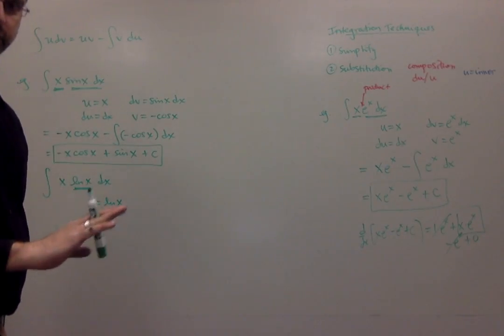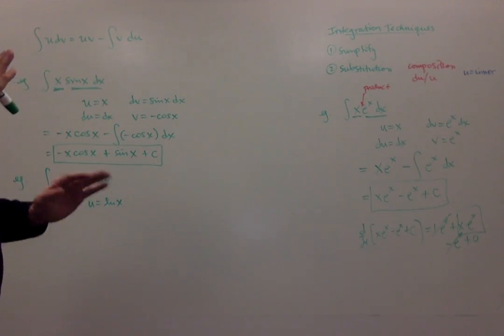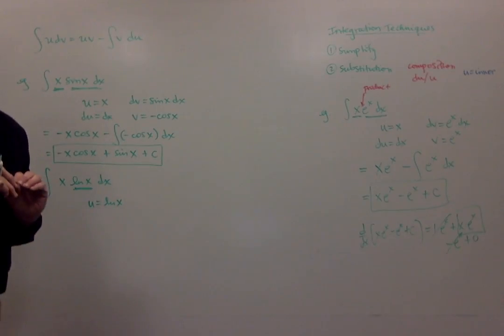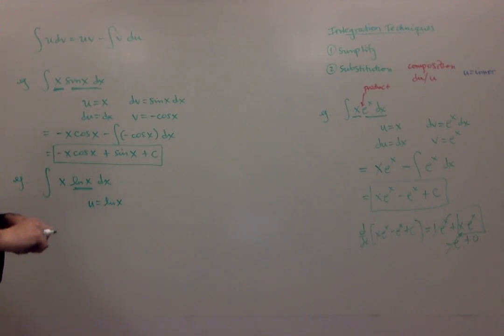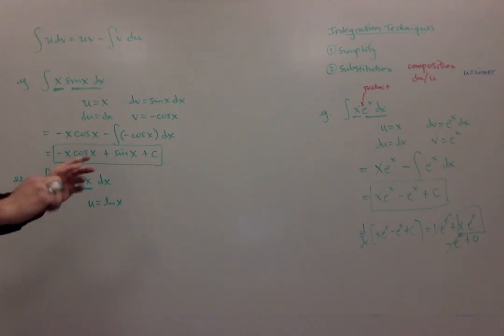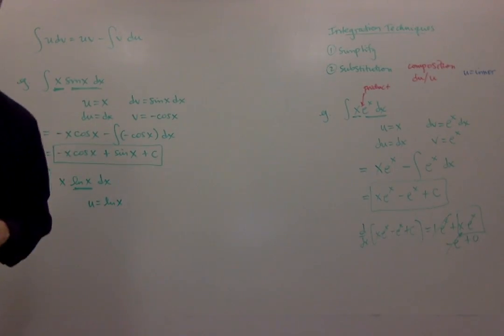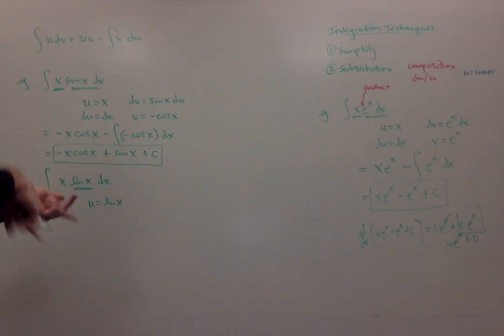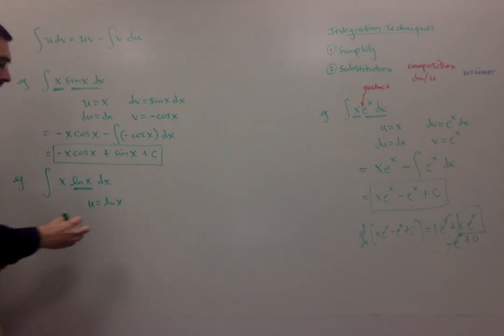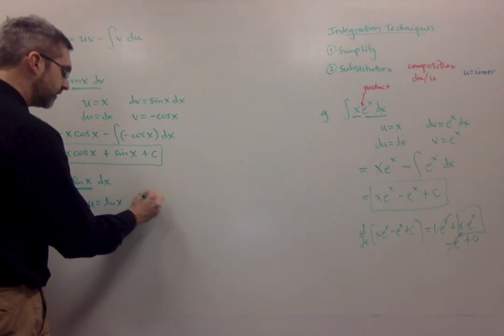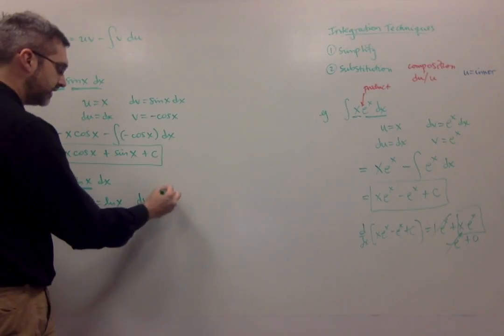I want you to get used to doing the technique if I tell you what the u and the v are, and then we're going to try messing around with it and see what happens if you do it wrong, and then how do we know which one to do. So I'm going to let this natural log of x be u, and so my dv is going to be the rest, so it's going to be x dx.